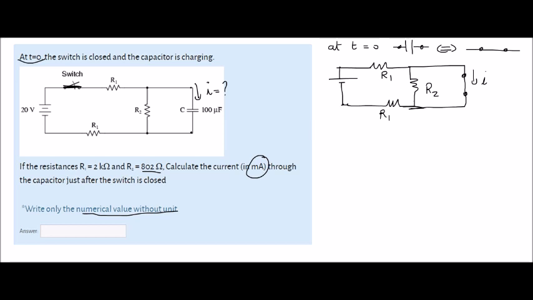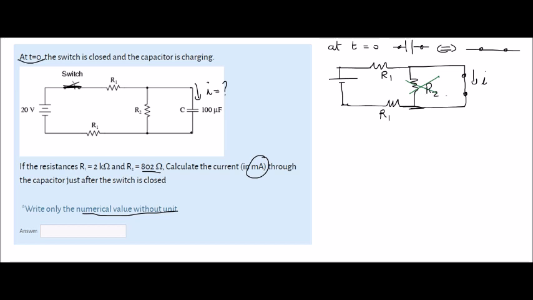Here, R2, I can remove it. Why is that? Look, there are two explanations. If there is a current coming from the battery, where will the current go? The current will go through the wire. There is no resistance there, so it will not go through R2.